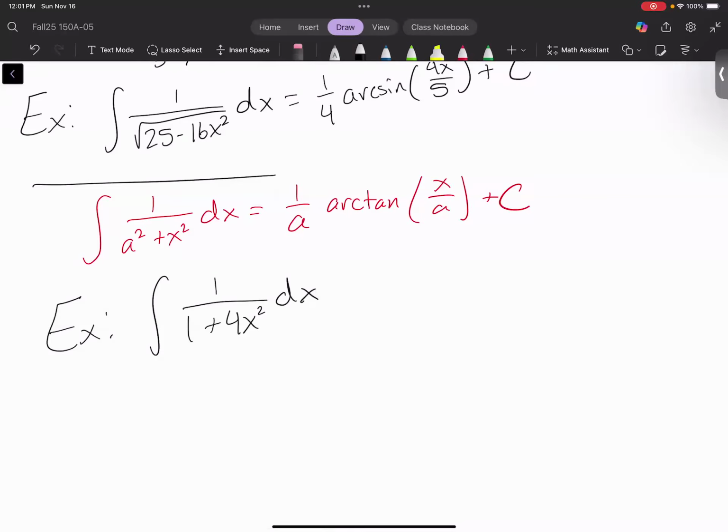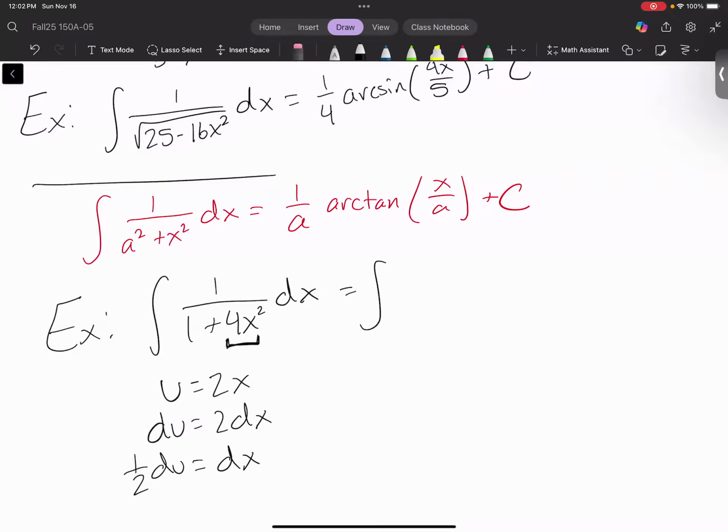Very similar procedure, but just with arctan instead of arcsine, right? So this is giving us an issue because it's not a variable squared, it's 4x squared. Well, we'll just call u equals 2x, right? Because u squared is 4x squared then. So u equals 2x, du equals 2 dx, divided by 2. We've been doing this throughout the video.